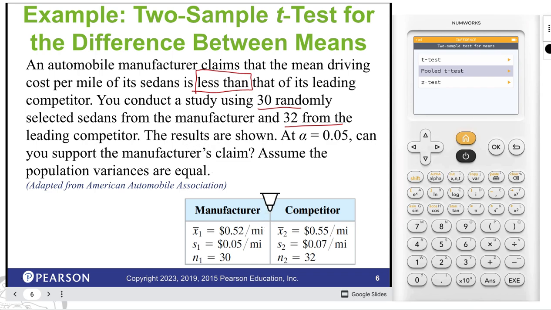The results are shown down here. And then we're told the significance level, alpha equals 5%. Can you support the manufacturer's claim? Assume the population variances are equal. So this is a big deal right here. Population variances are equal. That tells us to do a pooled t-test.